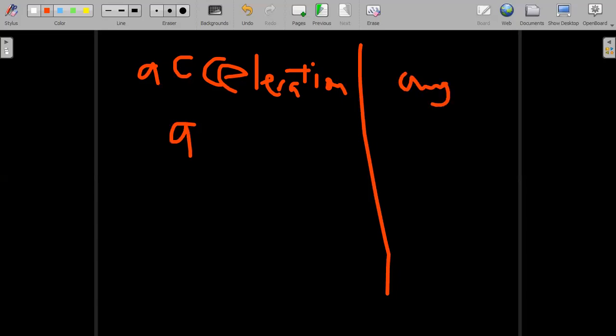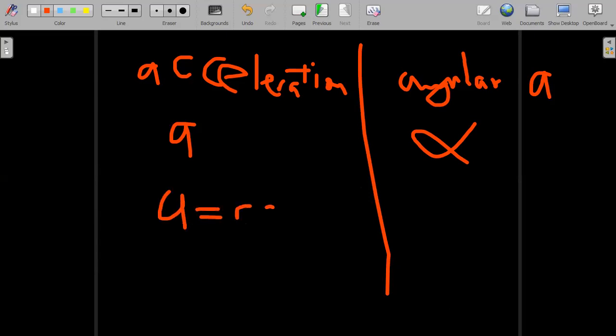So angular acceleration is denoted by the letter alpha. We expect this one to be related to that one by r, like that. That's what we have. Are there any questions?